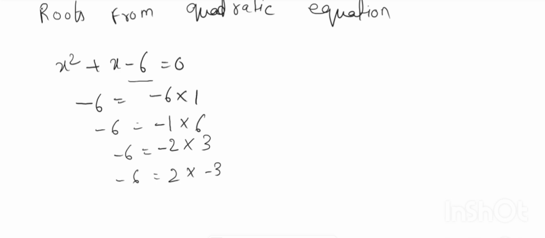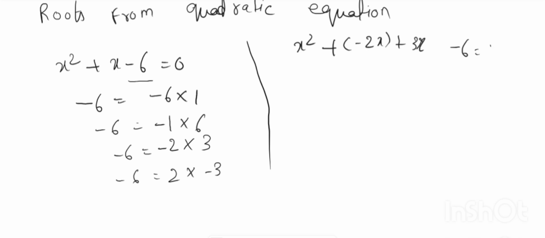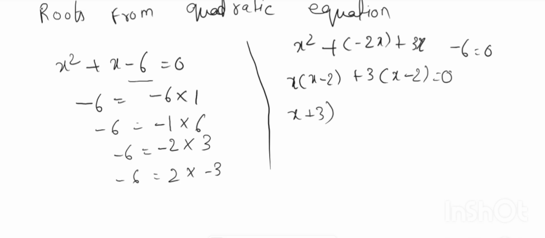But how do we actually get this? x² − 2x + 3x − 6 = 0, right? x(x − 2) + 3(x − 2) = 0. (x + 3)(x − 2) = 0.